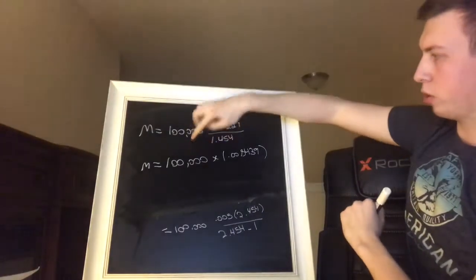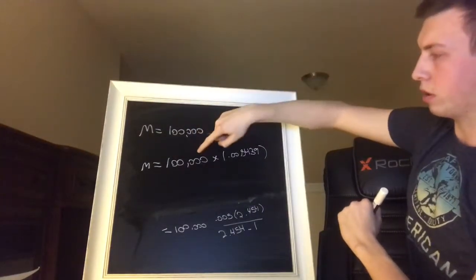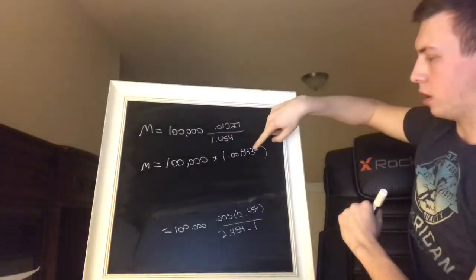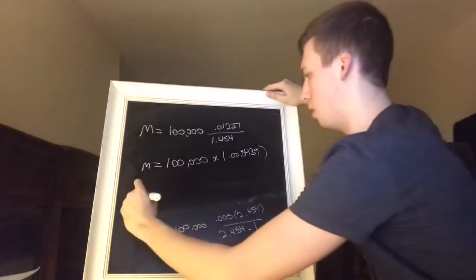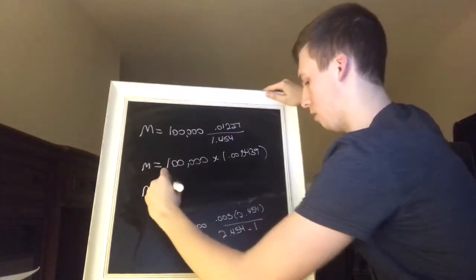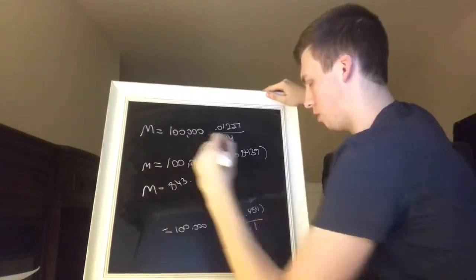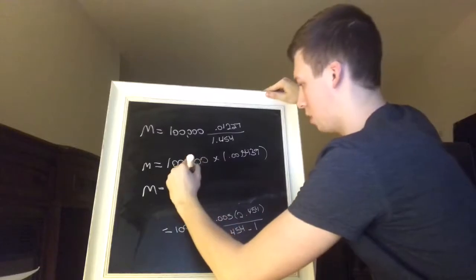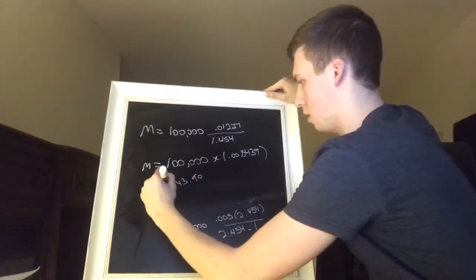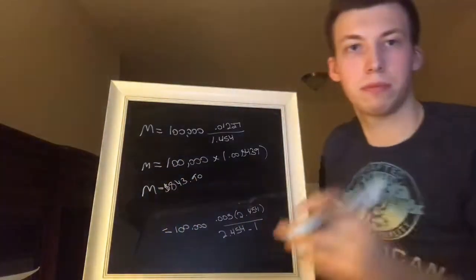So that's the price of the home times this right here, and we'll get M equals $843.90 each month.